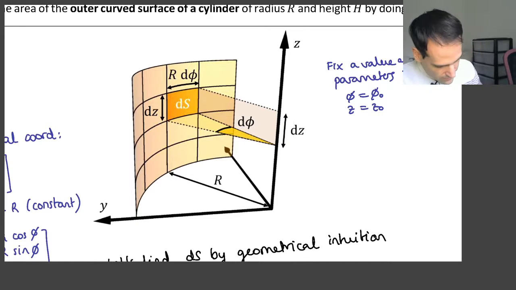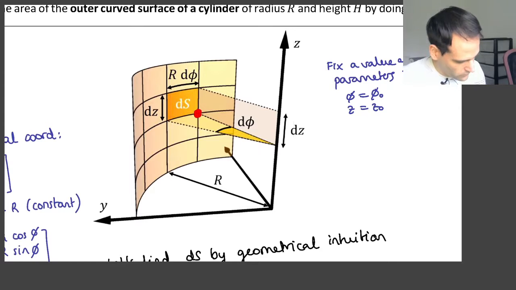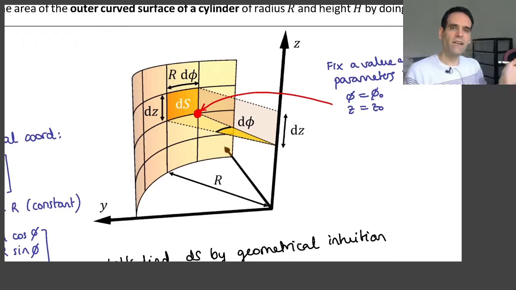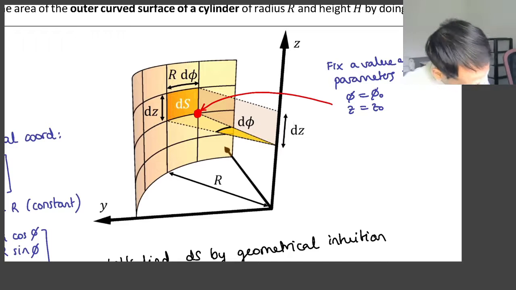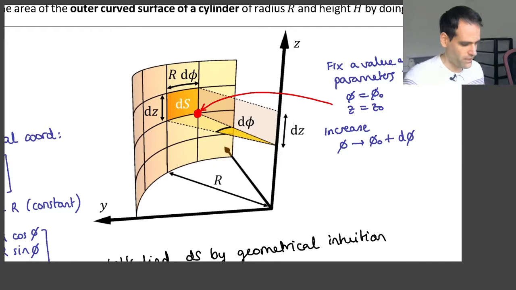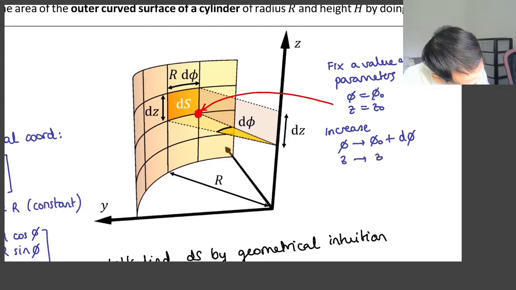And this leaves you at a point here. Okay, so this point is when you fixed a certain angle and a certain height. It can be any angle and any height, okay? Then you increase phi by an amount d phi, and you also increase z by an amount dz.